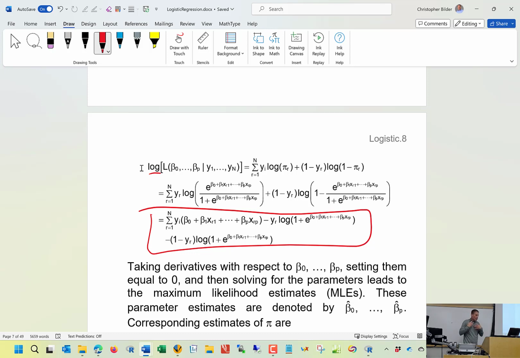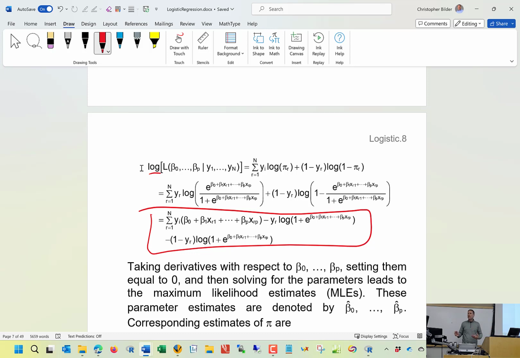Except in the most simple situations, there's not a closed form expression. So I can't say beta 0 is equal to, let's say, the sum of the y's times the x's. I can't say that, unlike what you could do with the least squares method, with regular old regression analysis.